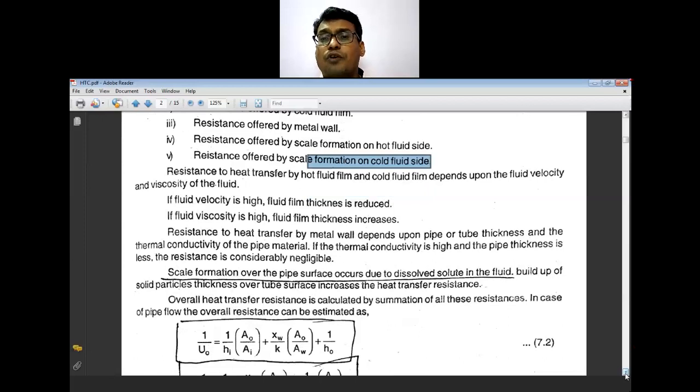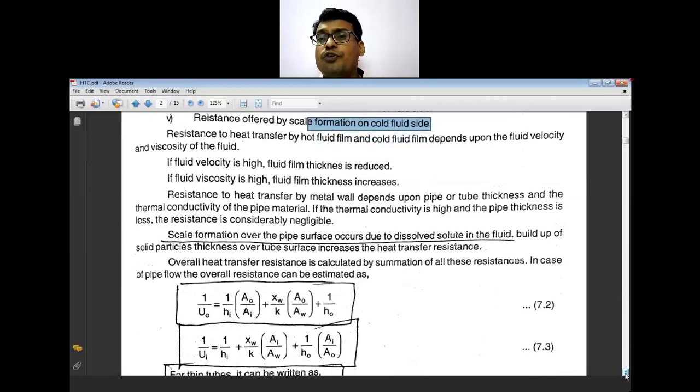Then the resistance to heat transfer by the hot fluid film and the cold fluid film depends on the fluid velocity and the viscosity of the fluid. Some important factors that affect the heat transfer coefficient are fluid velocity and fluid density.